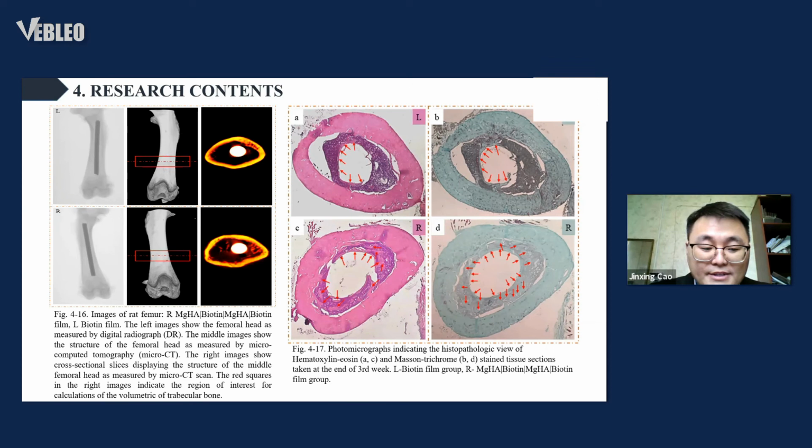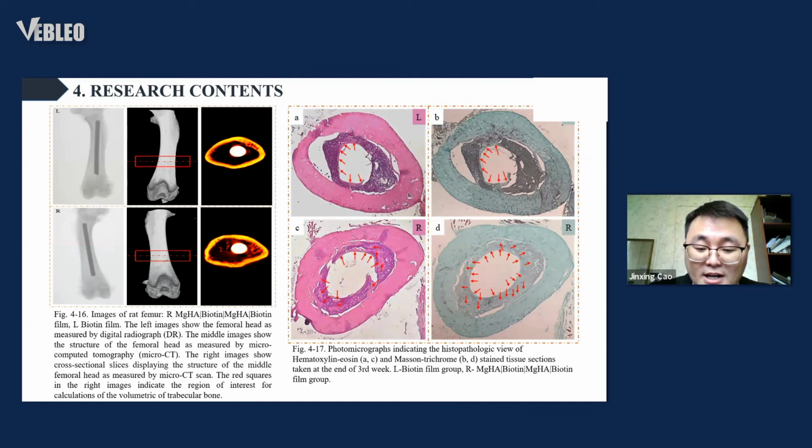The tissue section loaded with the 4-layer composite film showed continuous bone structure and intact bone marrow structure throughout the observed area, and the newly formed bone became lamellar. Besides, in Figure 4-17B and D, osteoid and woven bone were formed around the implant loaded with the 4-layer composite film.